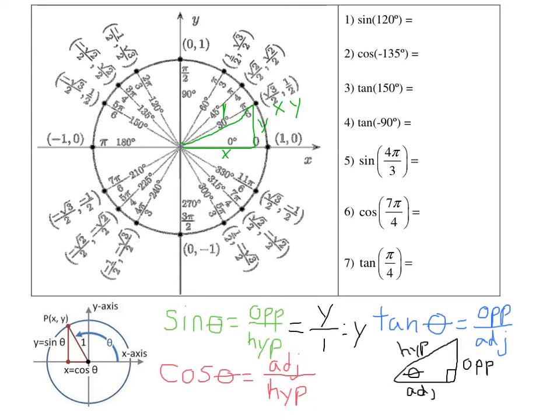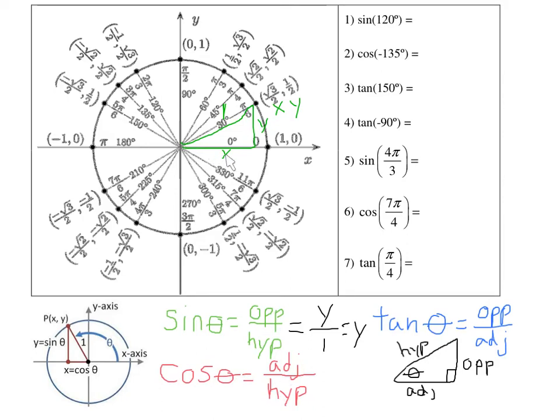So what we want to start realizing is when we see sine of an angle, it's really talking about the y value right here, or the y value in the corner. Because it's opposite over hypotenuse, and it's talking about the y value of the right triangle created by that terminal side. Look at cosine. Isn't it adjacent over hypotenuse?